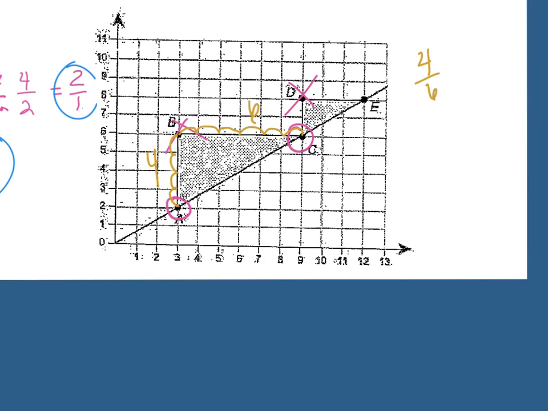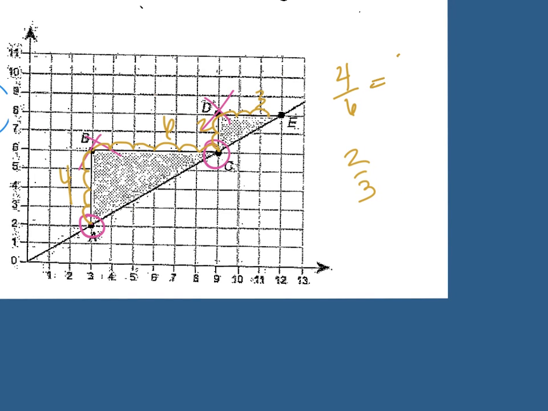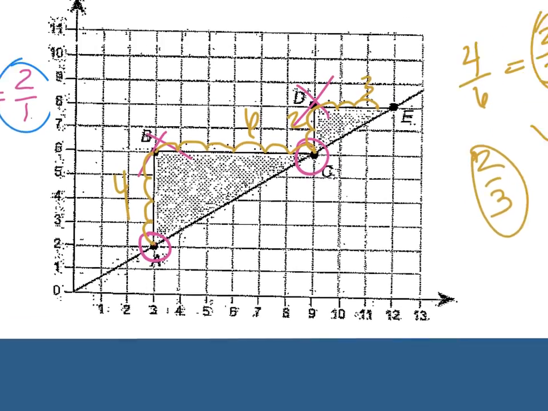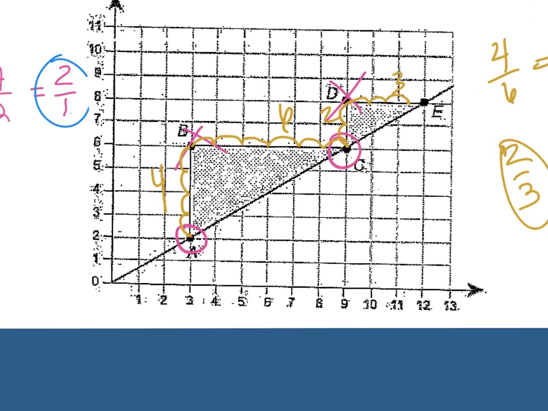So 4 over 6. And then my tiny triangle, up 2 over 1, 2, 3. 2/3. So are these the same if I reduce 4/6? Yes. Same slope. Easy.